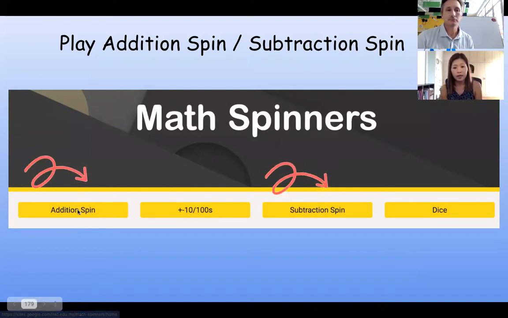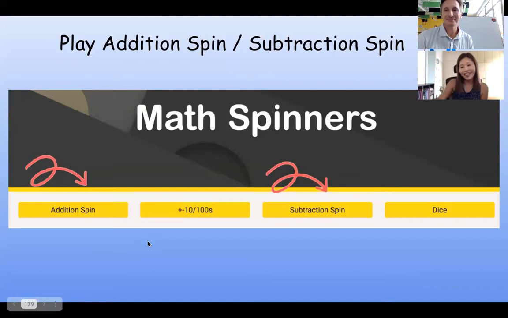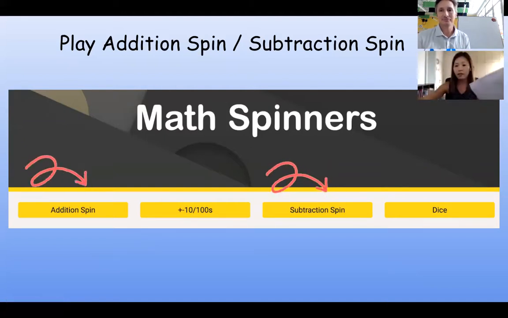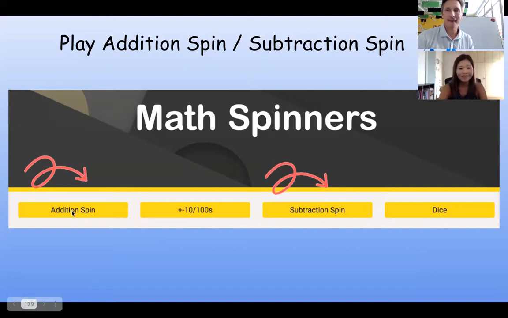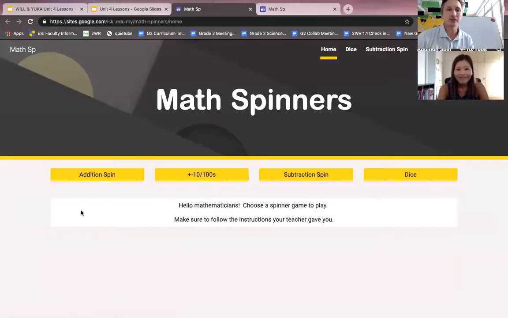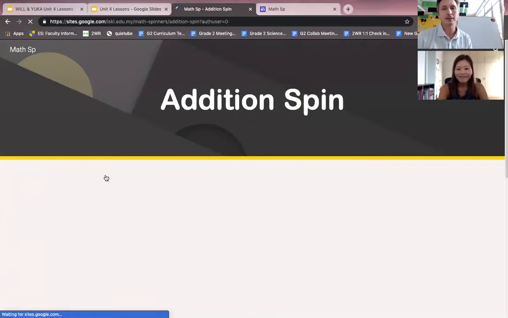You're going to play with a partner, so go get your mom, dad, brothers, or sisters. You'll need something to write with and this little spinner. Miss Yuka and I are going to play addition spin first to model this activity. Remember to go to the site and click addition spin.